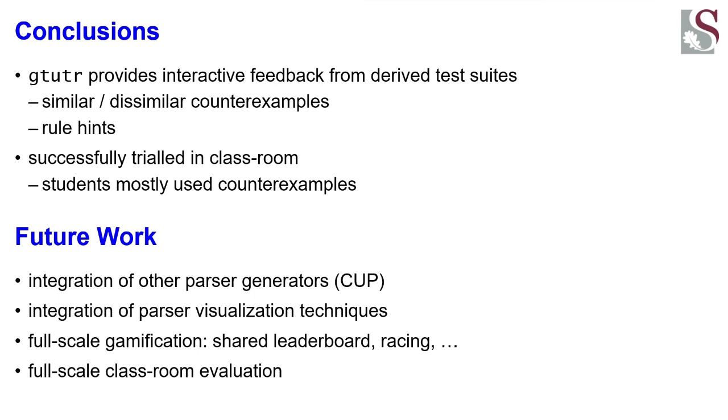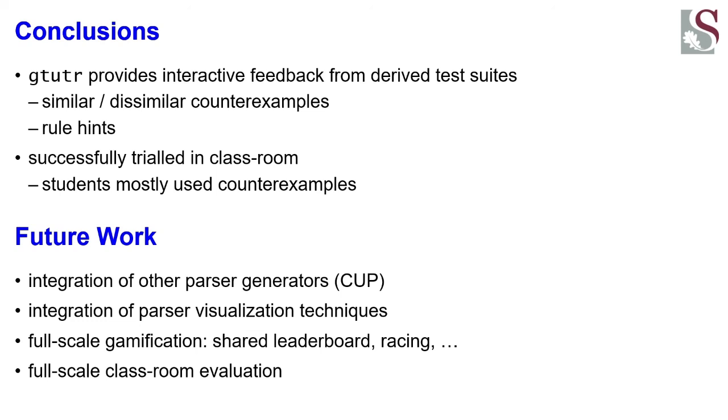So, in conclusion, we presented the GTutor system, which provides interactive feedback to students who develop ANTLR grammars. GTutor serves as custodian to a lecturer-provided test suite. It allows students to ask for failing tests that are similar to cases they have already seen or dissimilar, so that they can form or disprove hypotheses about bugs in their grammar.